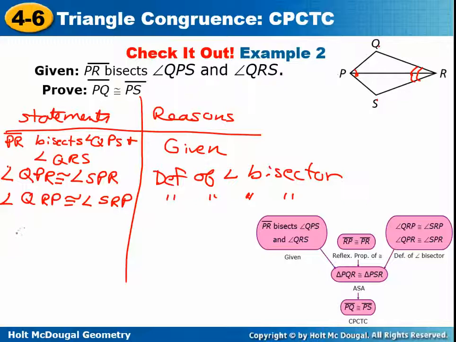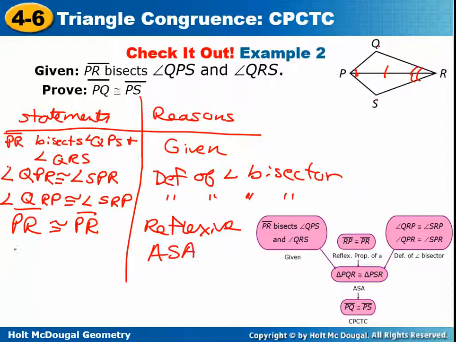All right. We also have a shared side. Shared side says PR is congruent to PR, reflexive property. Do we have enough? We've got an angle, side, and an angle. The side is between the two angles, so this is angle, side, angle, can tell us that we have two congruent triangles.